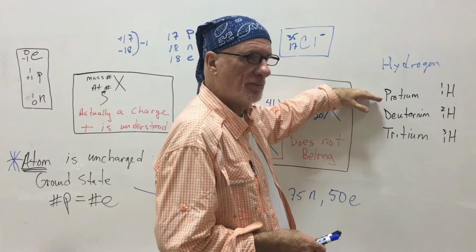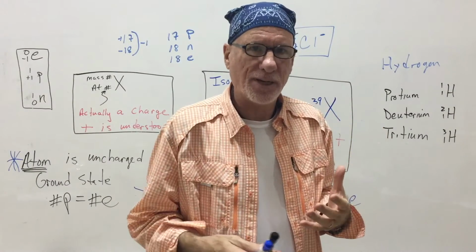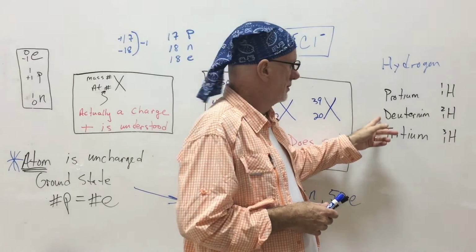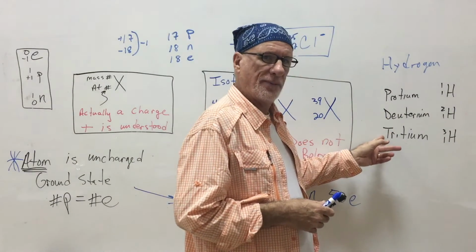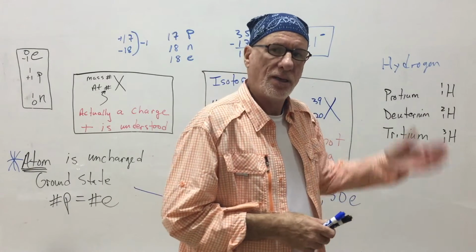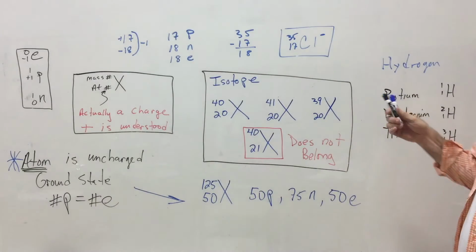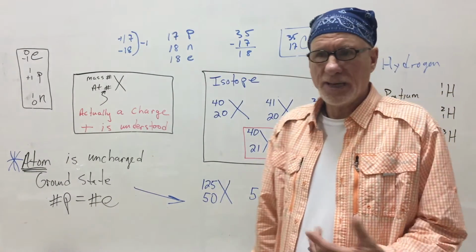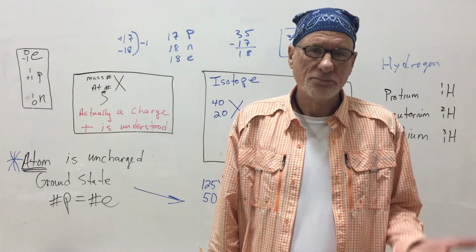So protium, the very dominant isotope of hydrogen, has a mass number of 1. Deuterium, mass number of 2, and tritium, mass number of 3. They all have 1 proton. And that's really it. There's really not a lot there. Basic atomic structure, and good luck.